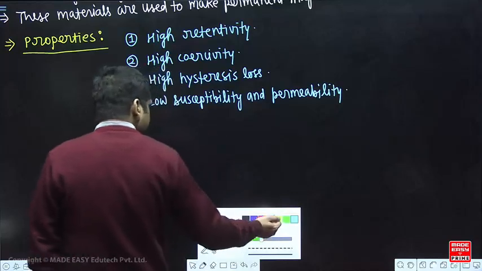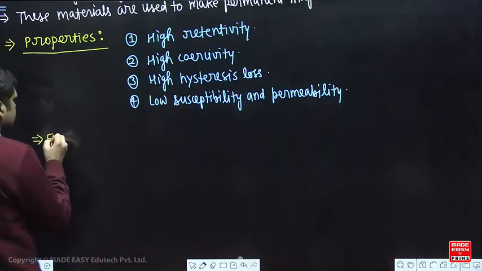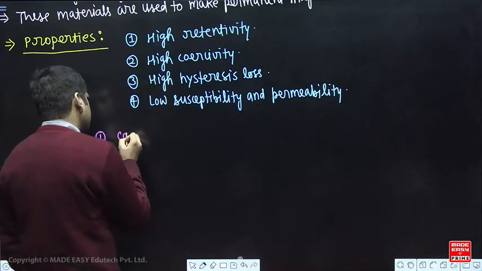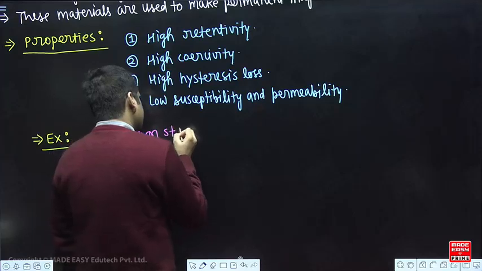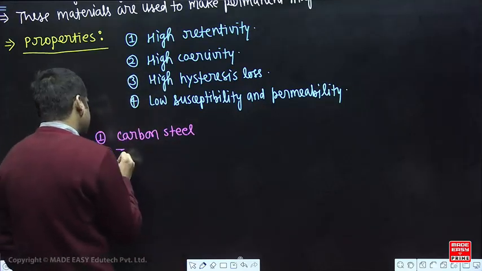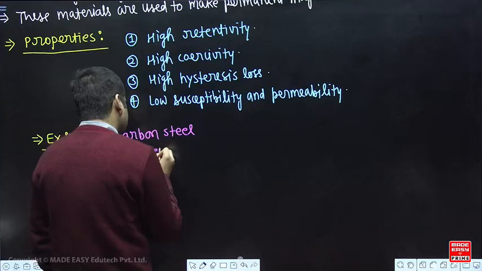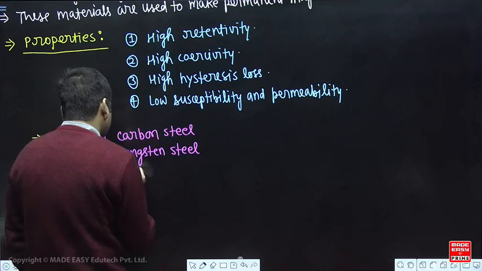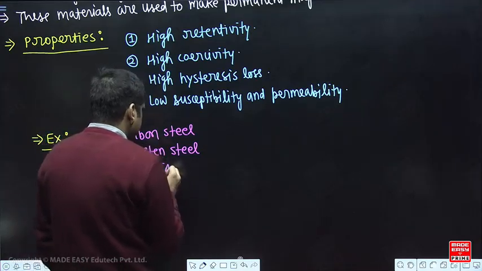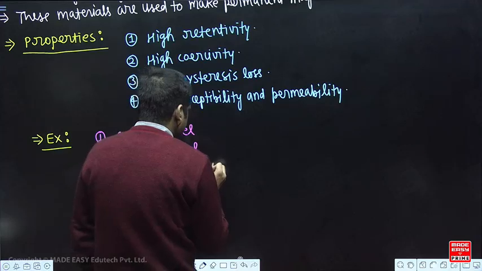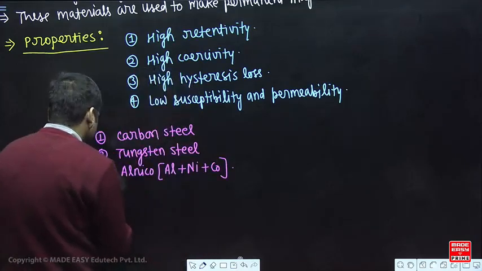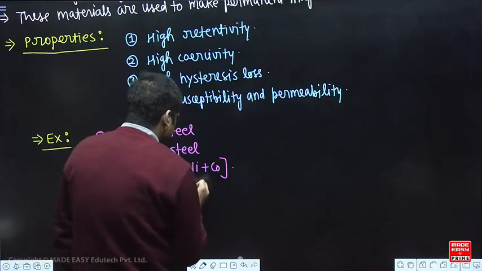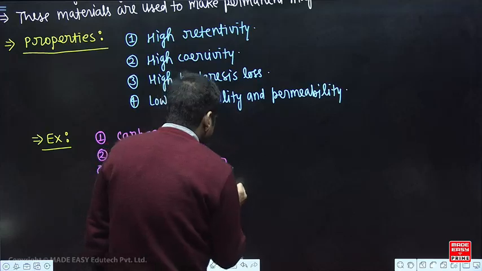Examples: carbon steel, tungsten steel, alnico (aluminium, nickel, cobalt), Cunife (copper, nickel, iron), etc.